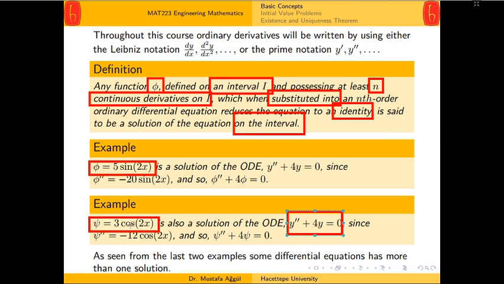And then when we substitute this into the ODE, we'll see it's equal to 0, really. So this means, given any ODE like this, we have two different solutions. So this is the first one and this is the second one. Okay. So an ODE might have more than one solution.